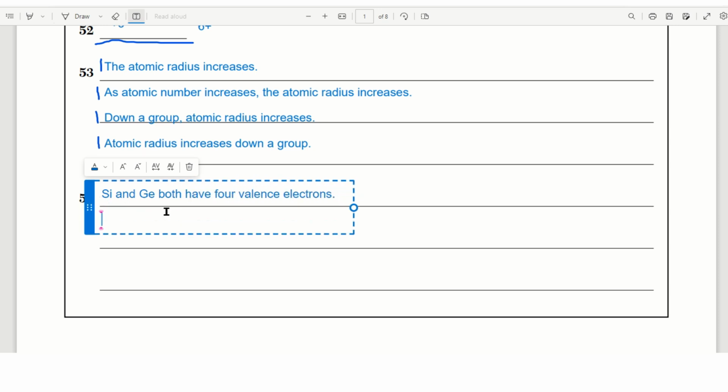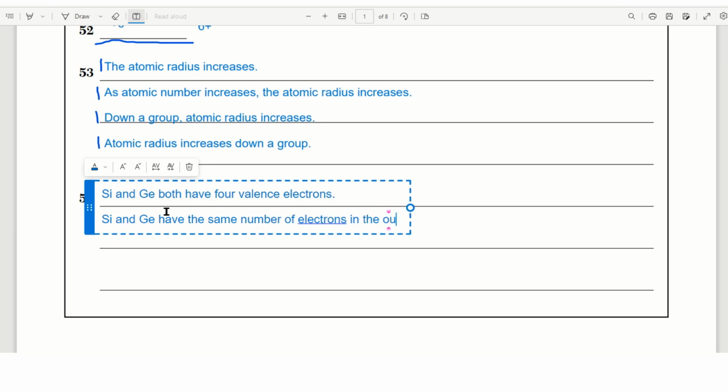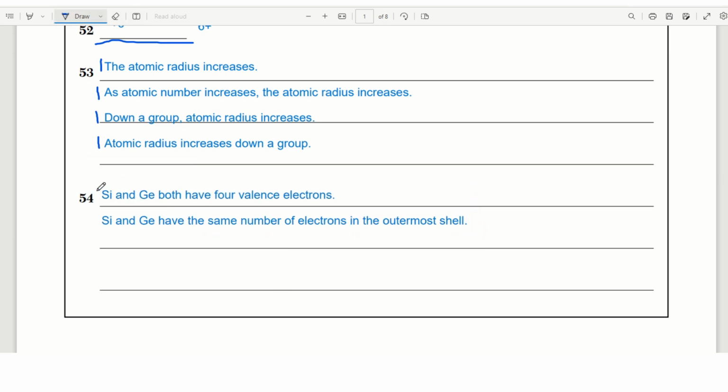What is also acceptable? Silicon and germanium have the same number of electrons in the outermost shell, if you don't want to say valence electrons. Again, not writing both, one or the other. Okay.